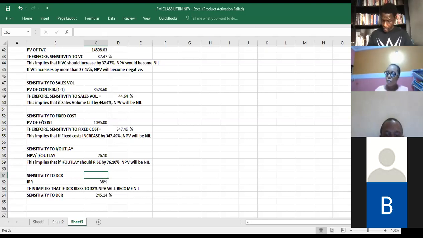IRR minus your current discount rate, or your cost of capital. Your sensitivity to discount rate will be your IRR minus your cost of capital, divided by your cost of capital, times 100%. That is what it will fall by, but what it will fall to, it will fall to the IRR.